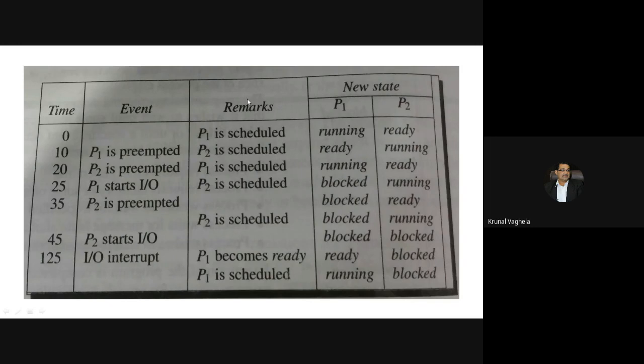Event, what will happen, and the state of process P1 and P2. So there are two processes, P1 and P2, and how the states are changing with the events is explained over here. So try to understand for 1 minute, then I will explain this to you.